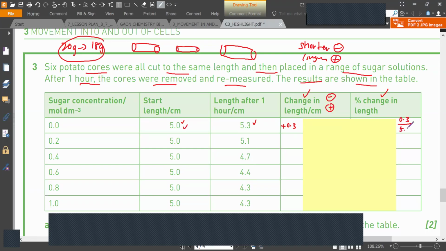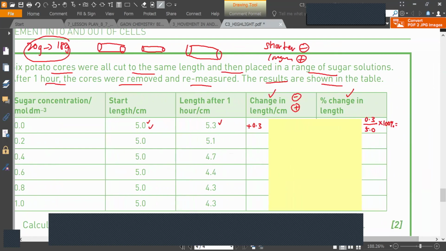Percentage change is the change compared to the initial length, multiplied by 100%. So we calculate 0.3 divided by 5, multiplied by 100%. This one is plus 6%. Makes sense? Can understand?